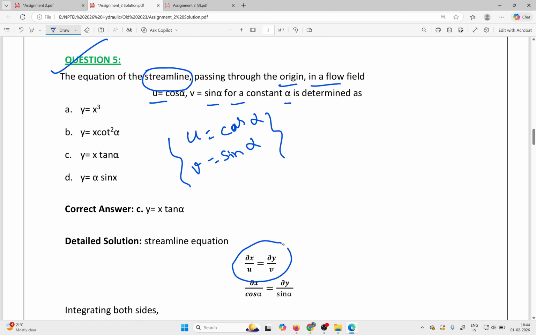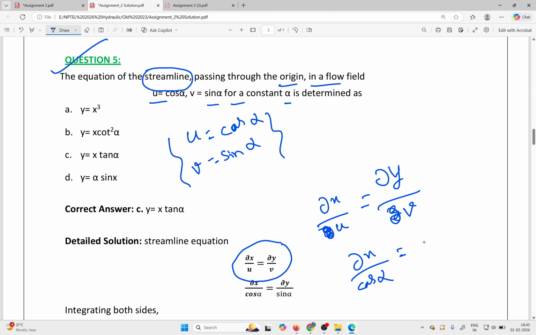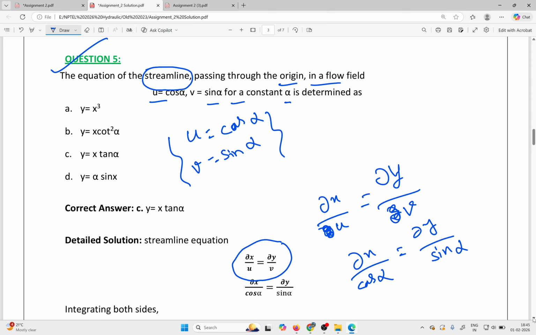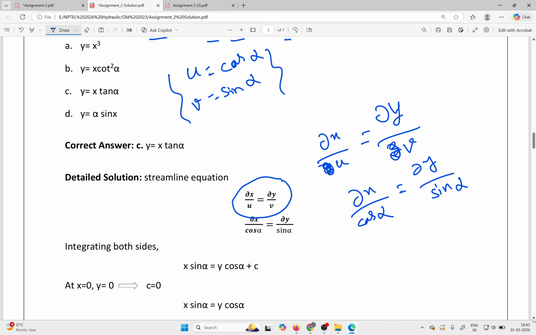This is not del, sorry. So here you can put it, and after that you can integrate both sides. After integration, what will you get?